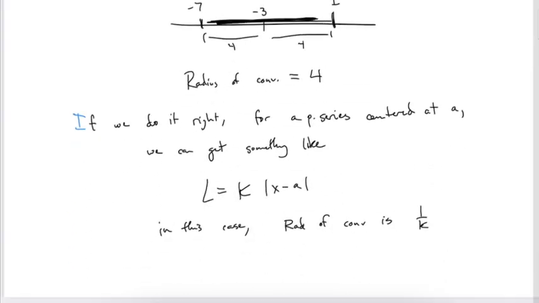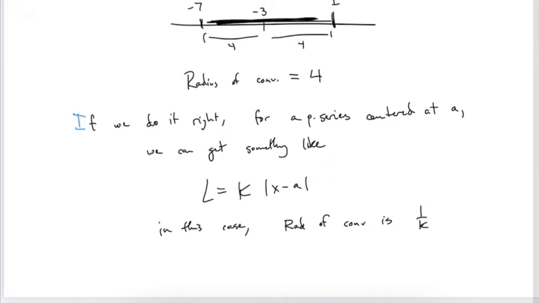In general, that number in front is the reciprocal of the radius of convergence. This is not a hard and fast rule. Sometimes you might get an exponent right here. It didn't happen in this example and would change the effect slightly, but this is what most examples look like.